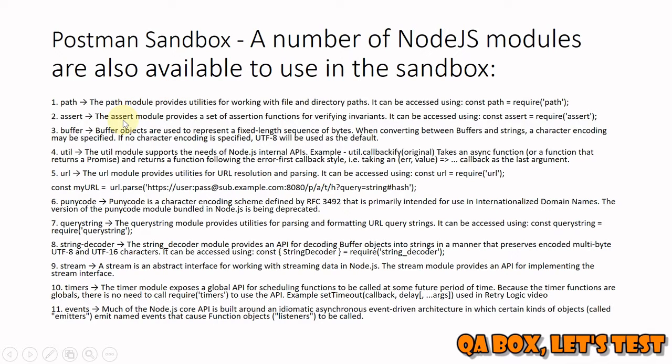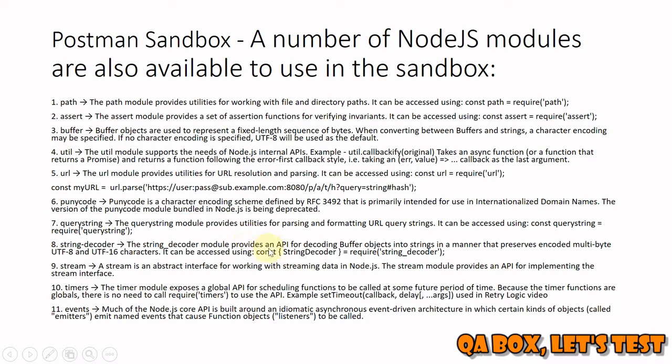Assert, like we are using pm.expect from Chai, right? So we'll not be working on this, but the assert from the Node.js module is also available. There's a buffer and there's a string decoder. The string decoder module provides an API for decoding buffer objects into strings. So we saw in part 2 of this series, in the console, when I showed you the response object, the data was there in the form of a buffer, those two-digit numbers, right?